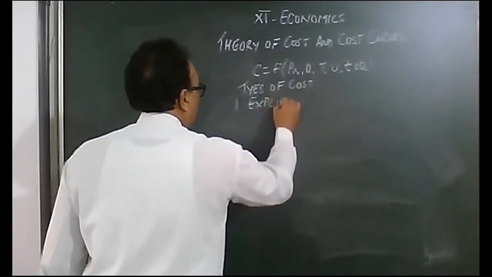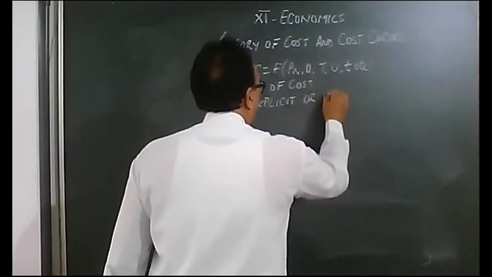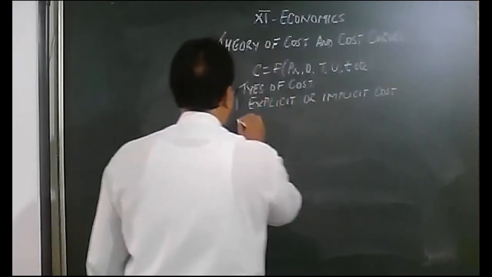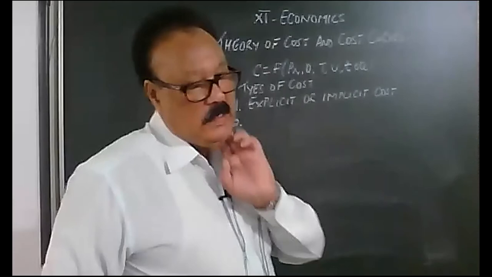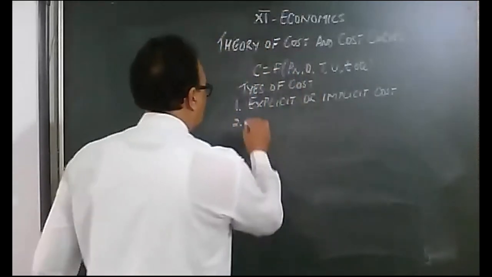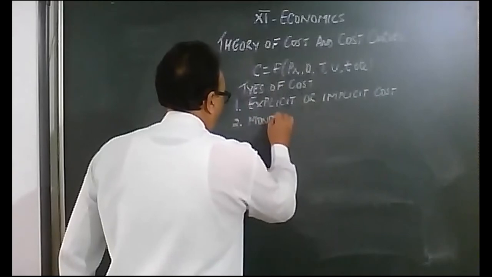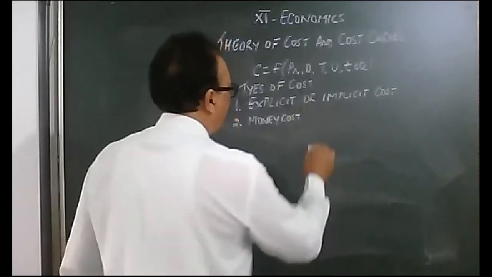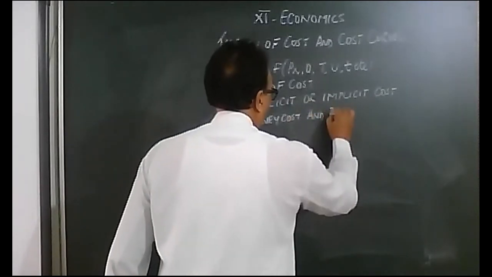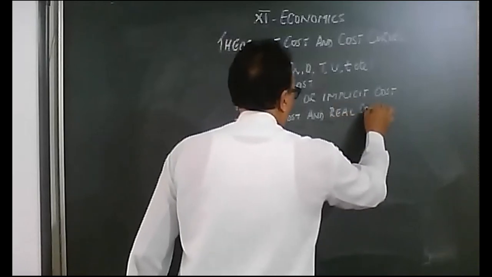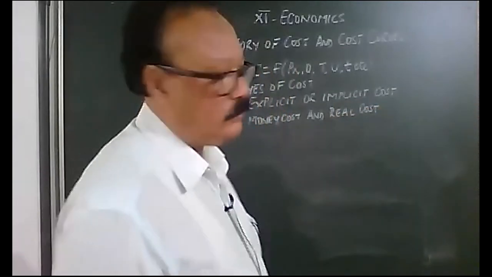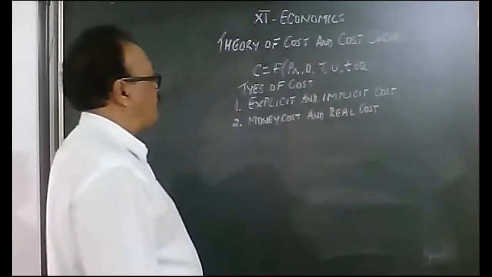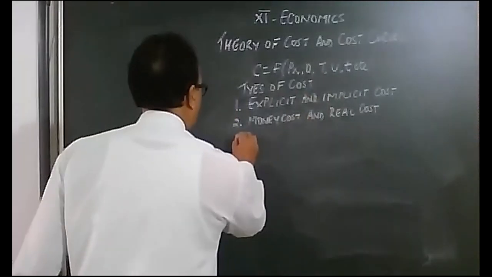First, explicit or implicit cost. Second, money cost and real cost.